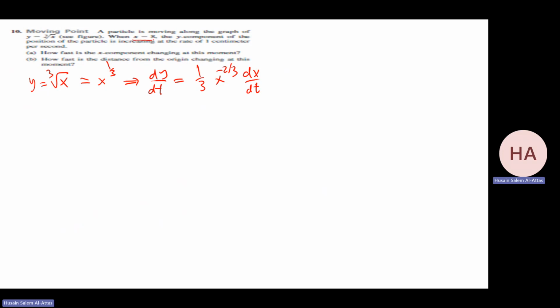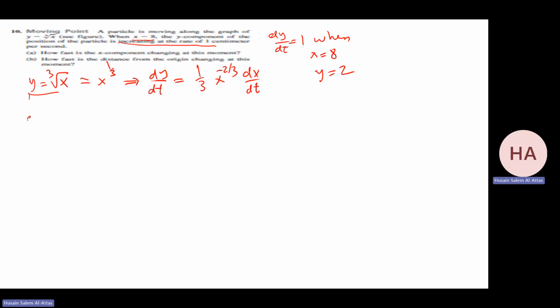When x equal 8, the y coordinate is increasing at this rate. So I have dy by dt equal 1 when x equal 8. So when x equal 8, y equals what? 2. Just plug it here. You get y equal 2.